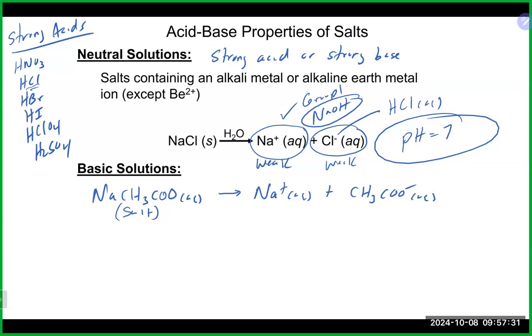Now, again, we want to think about where did this salt come from? What combination of an acid and base would get me there? You could probably imagine that the base was something like sodium hydroxide, right? And acetate most likely came from what acid?